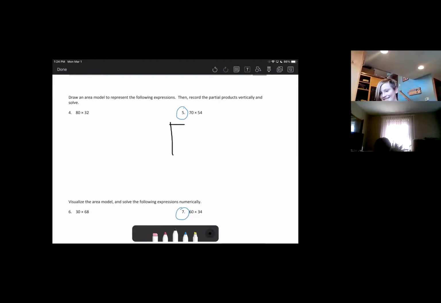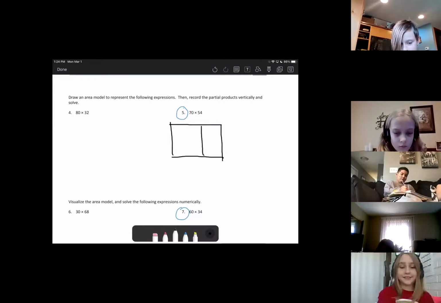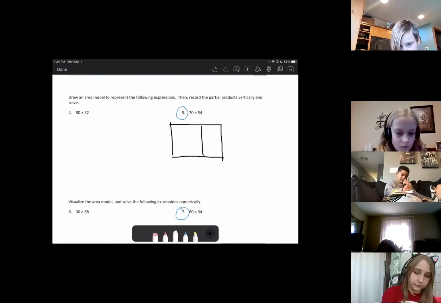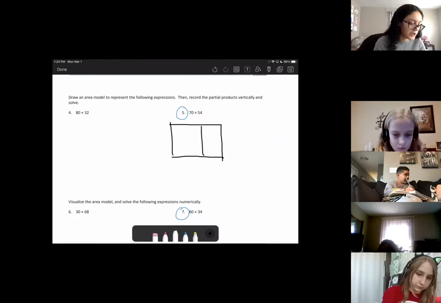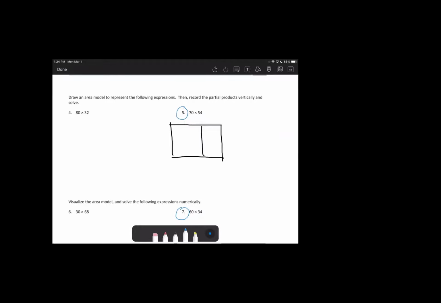All right, so I'm going to draw my rectangle. And Gracie, I want you to help me label the sides of my rectangle. So I'm doing 70 times 54. The side is 70. Right, so my width on the left is 70.